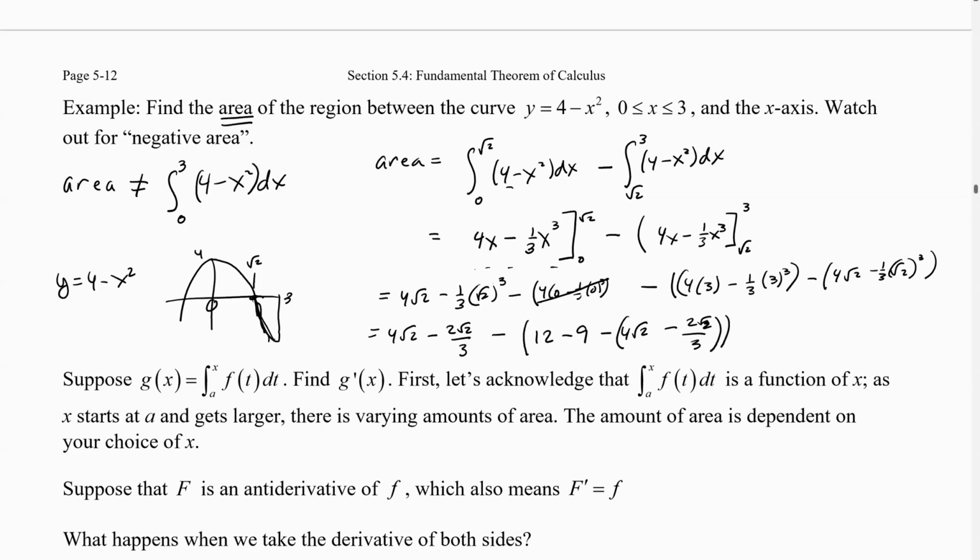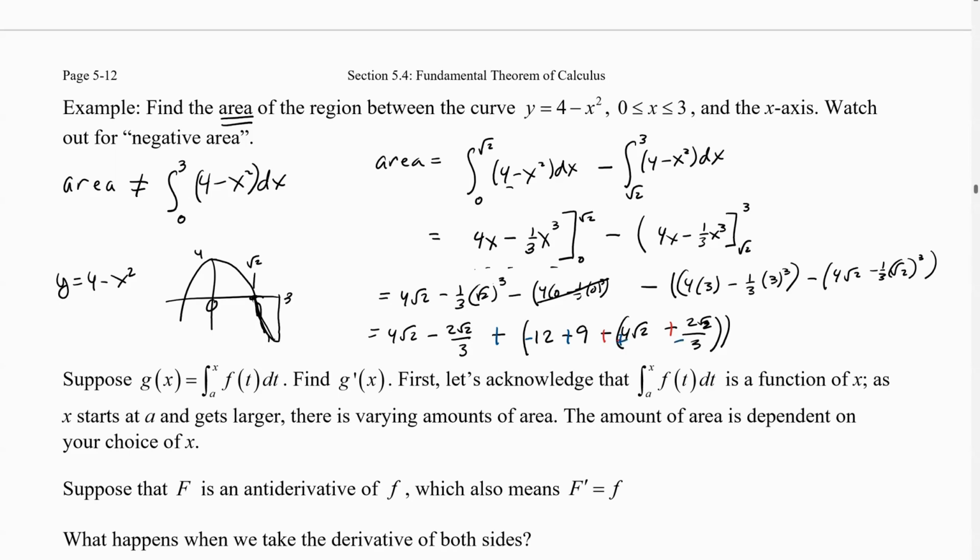Let's take care of some distributions. I'm going to distribute this negative sign through these terms. And then I'm going to distribute this negative sign through these terms. Turns into a plus.